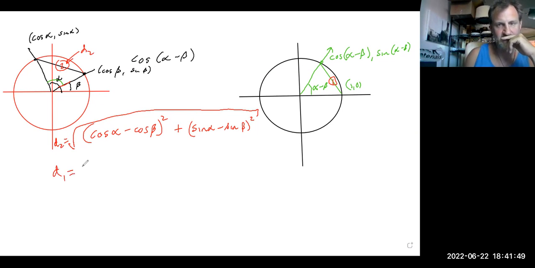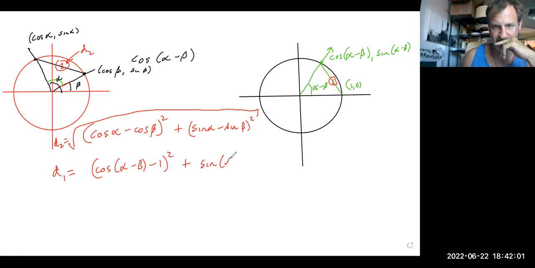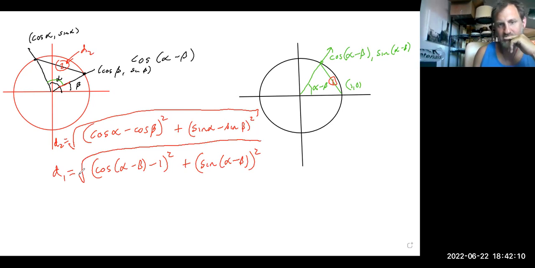Okay, well, let's look at the D1. So this one is cosine of alpha minus beta minus 1 squared plus the sine of alpha minus beta minus 0, so do anything squared. So basically, because these are really the same line segment, I can just set these equal to each other.